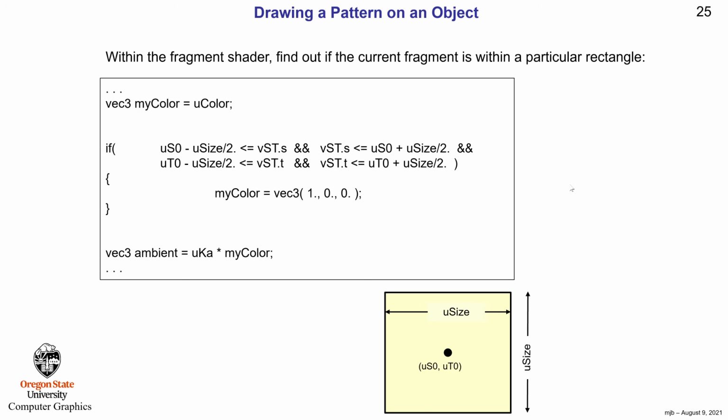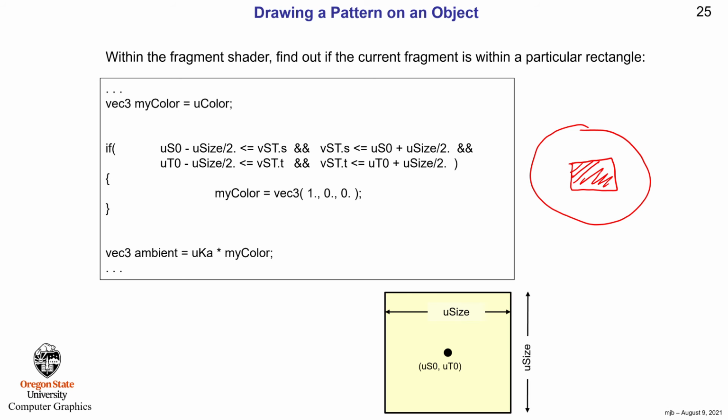So what if, and by showing you this, you can't use it, but what if we had a sphere, and we wanted to put a rectangle somewhere, and make the rectangle red. And we wanted to be able to change the position and size of that rectangle on the fly.